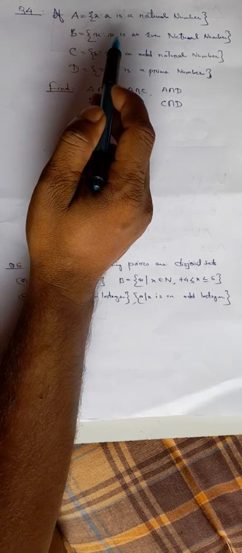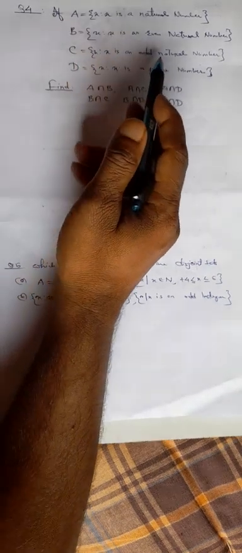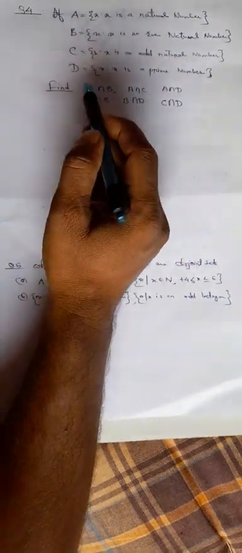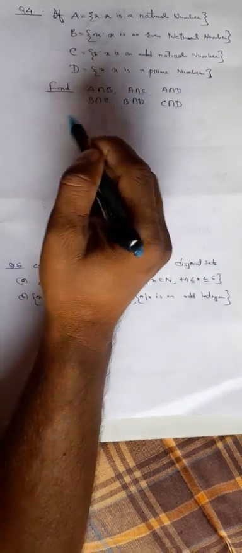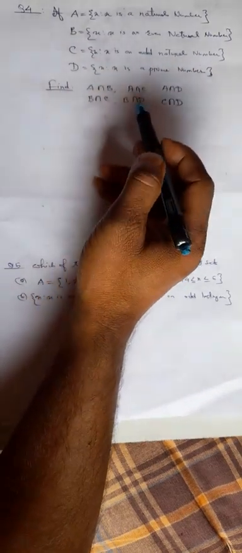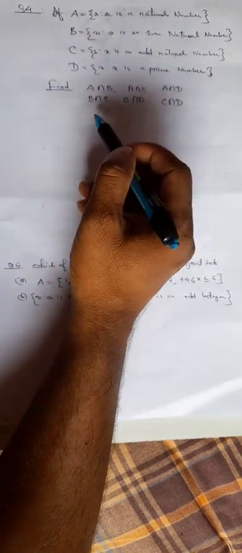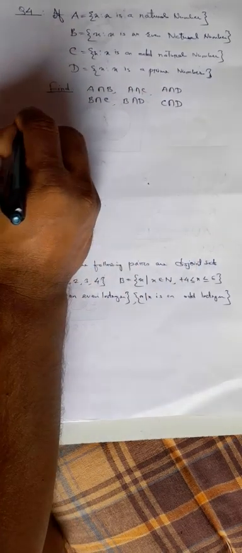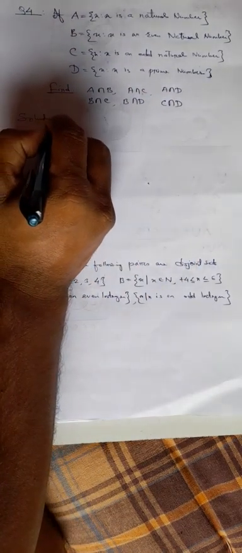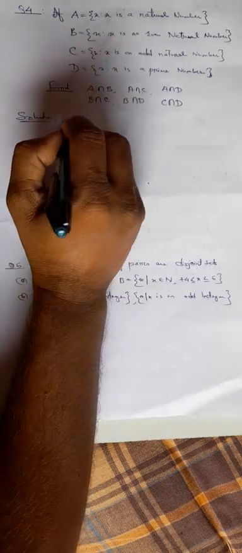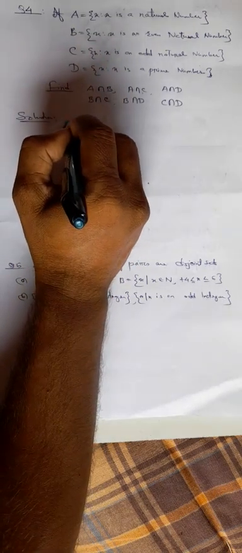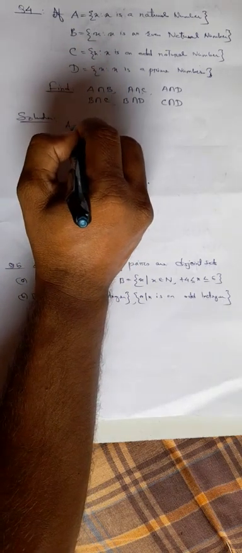Now let us discuss question number 4. If A equal to {X such that X is a natural number}, B equal to {X such that X is an even natural number}, C equal to {X such that X is an odd natural number}, D equal to {X is a prime number}, find A intersection B, A intersection C, A intersection D, etc. So let us solve this. Let us write the elements of A, B, C and D in roster form.